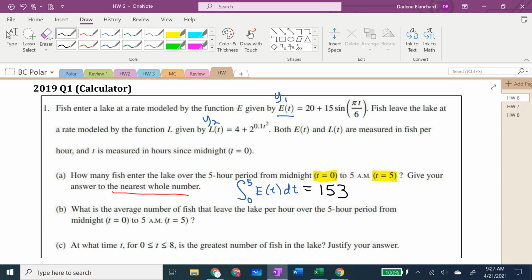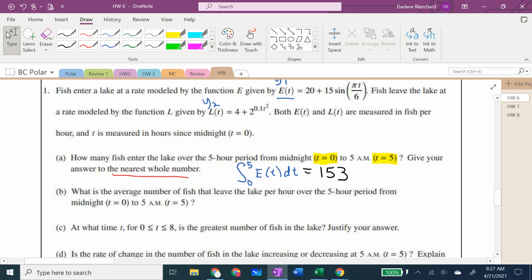B, what is the average number of fish that leave the lake over the 5-hour period? So with leaving the lake, I am integrating the leave function. But it wants the average number of fish that leave. Now, let's hold on a second and look at this phrase very carefully.